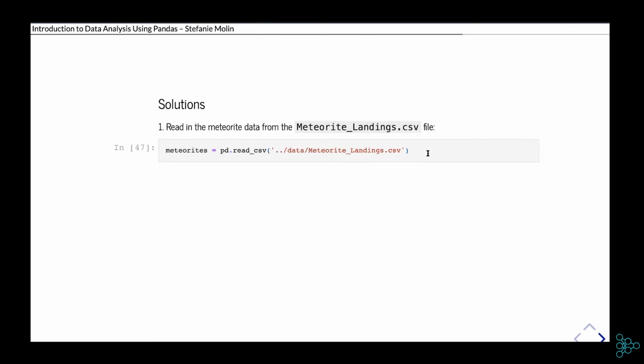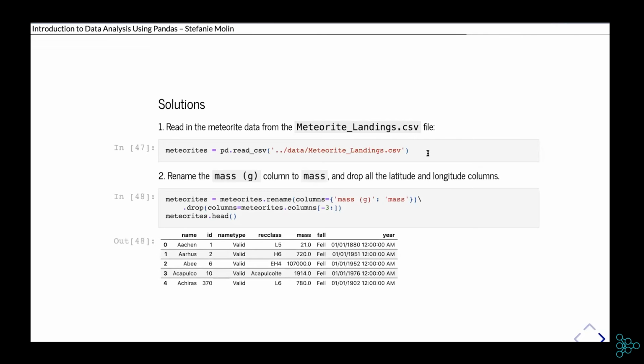So for the second one, we need to rename that mass column to just say mass, and then drop all the latitude and longitude columns. So the first piece to tackle is the renaming. We use the rename method, and we pass to the columns argument a dictionary that has the old mass name and then the new mass as the value.